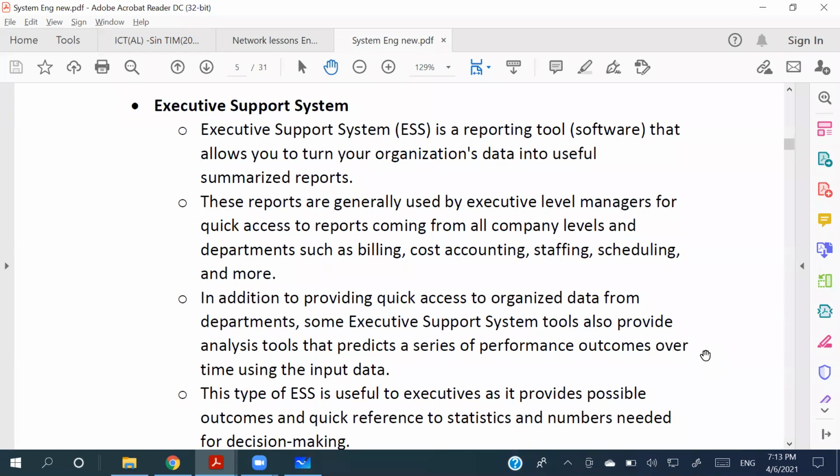They just need a summarized report. If you take a region, what is the total sales of the region? Island wide, what is the total sales? What were last year's sales? How much sales have been made this year? Based on those, they can predict how many sales they are going to plan for the next year.